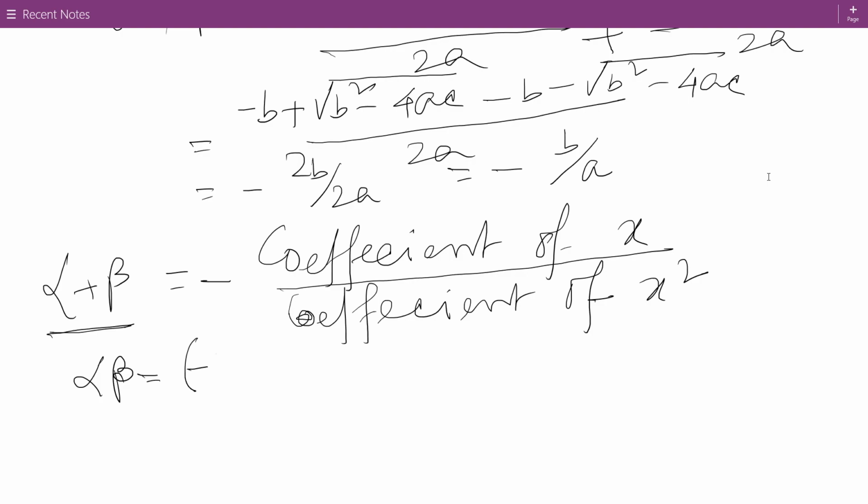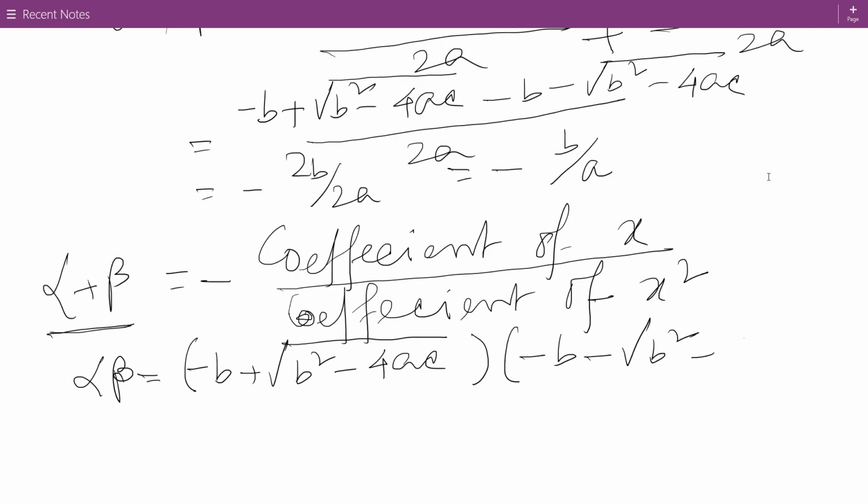What is alpha? Minus b plus root over b square minus 4ac, into minus b minus root over b square minus 4ac. If this minus is common, then you write a plus b into a minus b.